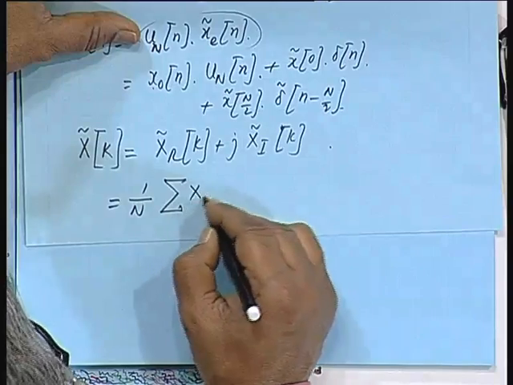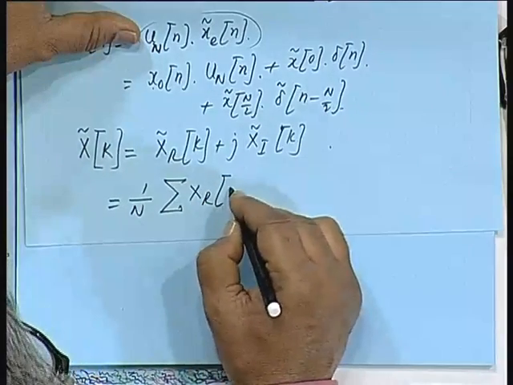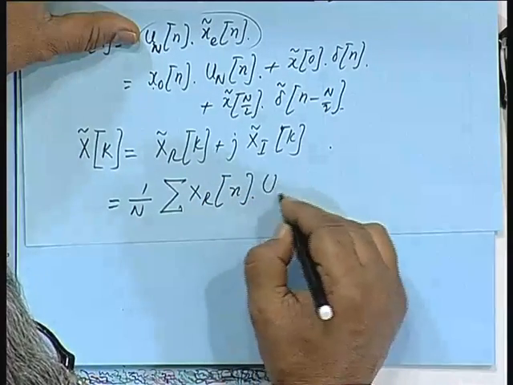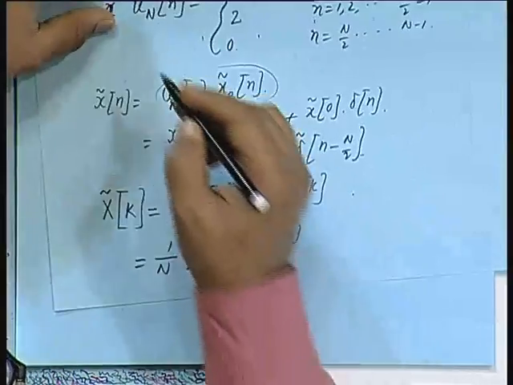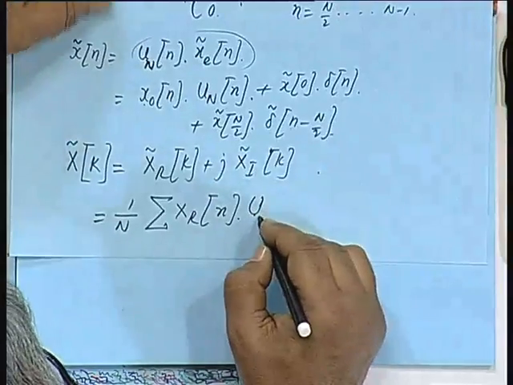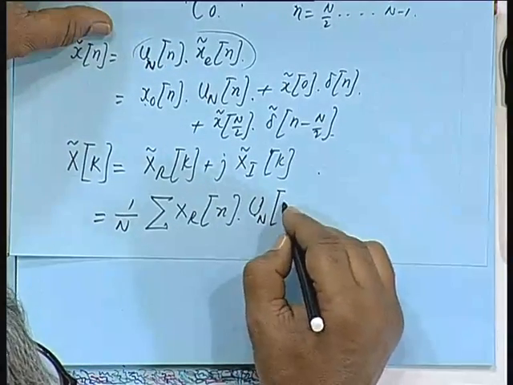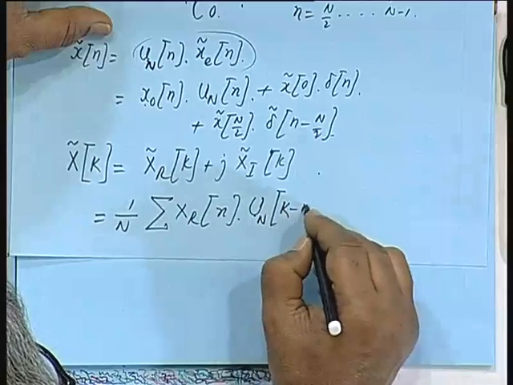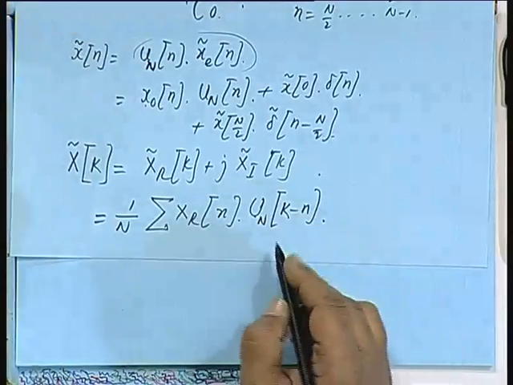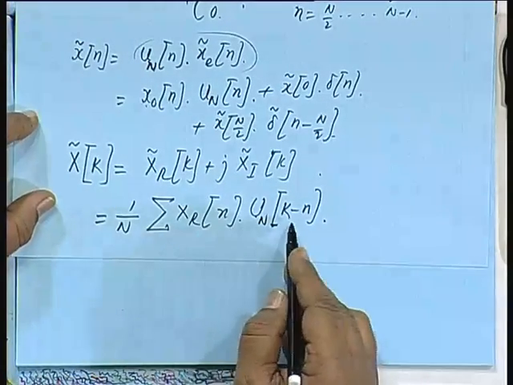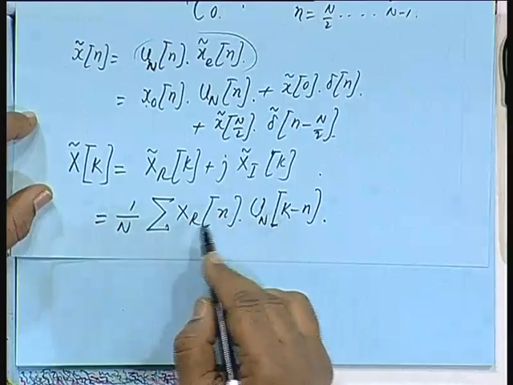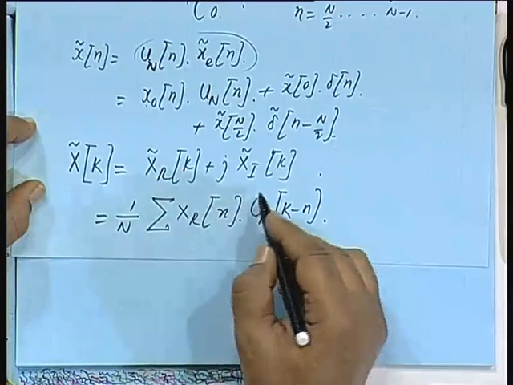It will be also DFS, that will also be a periodic sequence, you can compute that, and then if it is coming in a product form, you can straight away write XR n u, this u is the DFT of this small u, this time series k minus n. Okay. In the frequency domain, it will be convolved like this.